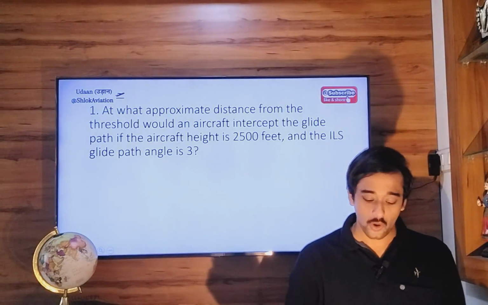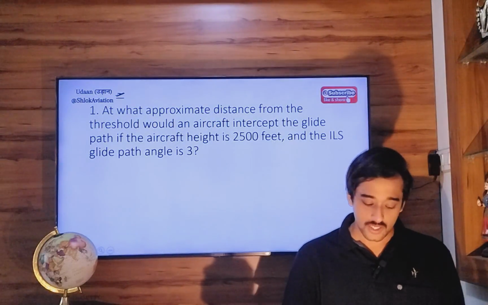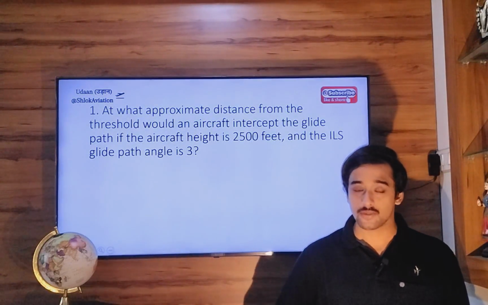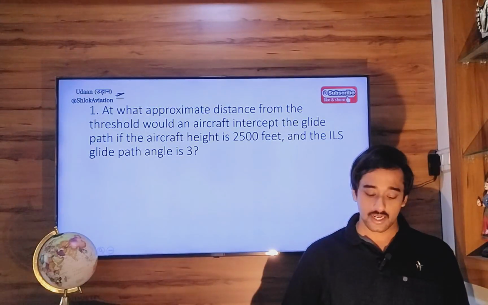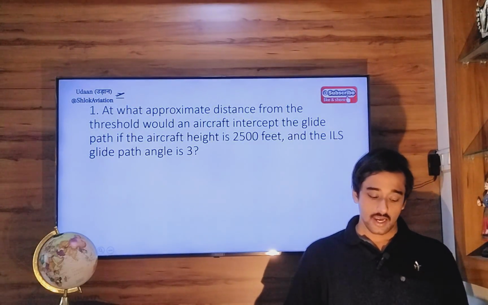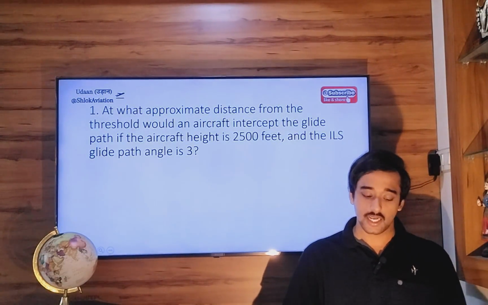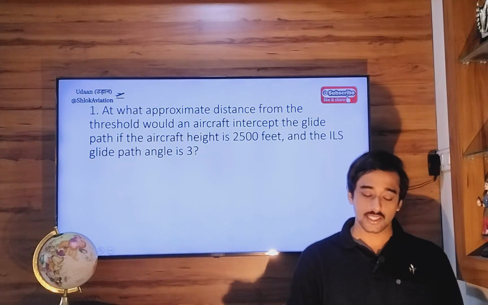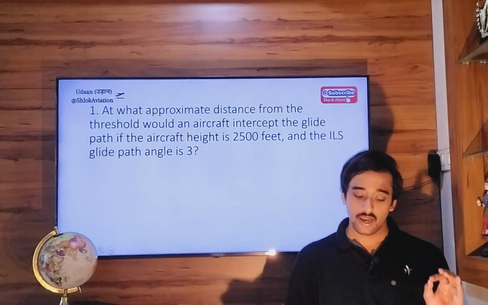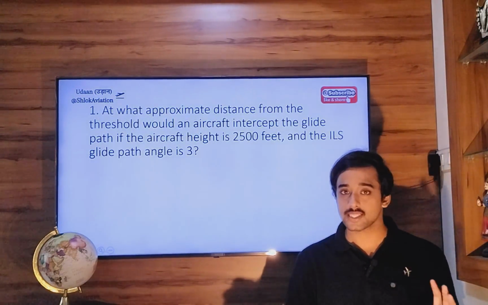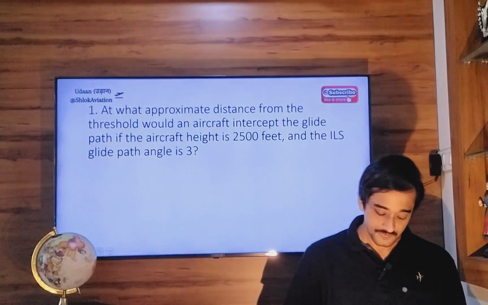At what approximate distance from the threshold would an aircraft intercept the glide path if aircraft height is 2500 feet and the ILS glide path angle is 3 degrees? So we have to calculate the distance from the threshold where you are going to intercept the ILS glide path of 3 degrees.